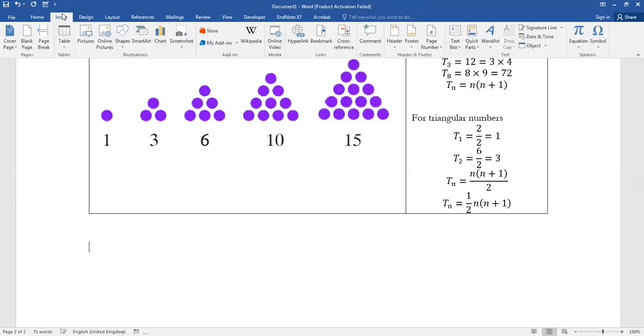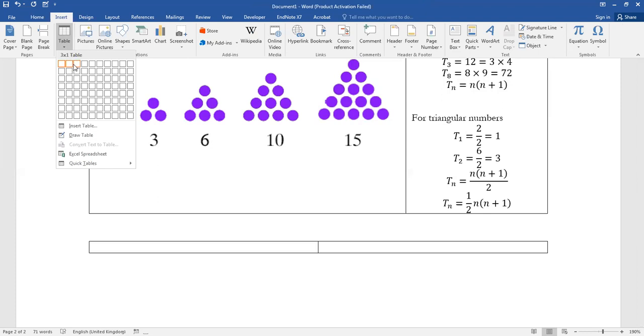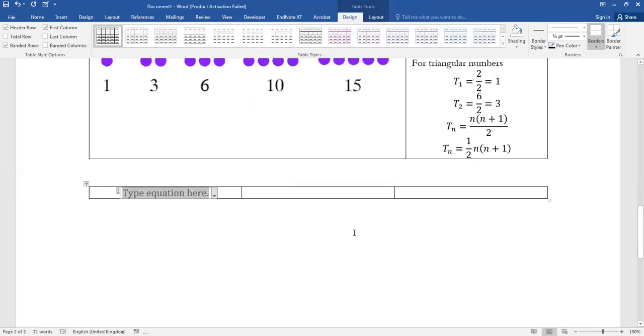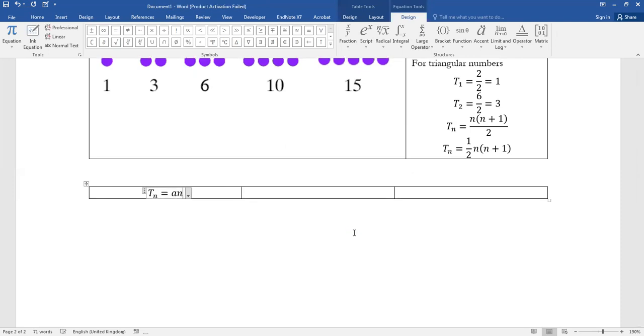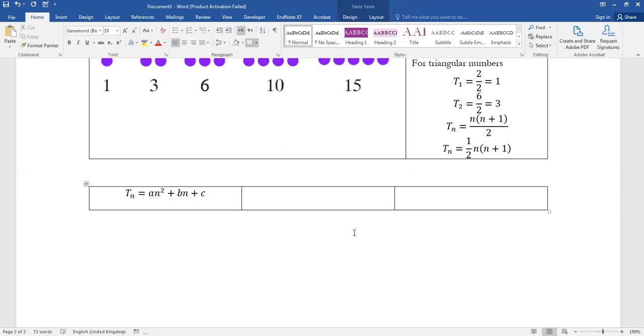Okay, let's generalize the quadratic sequence as well. Let me write the very basic formula for a quadratic sequence, that is an square plus bn plus c. And when do we get a quadratic sequence? When we have a difference which is changing by the same difference for every number.